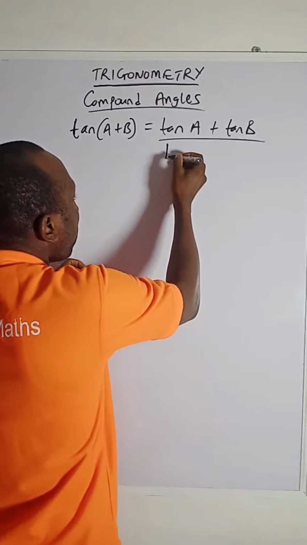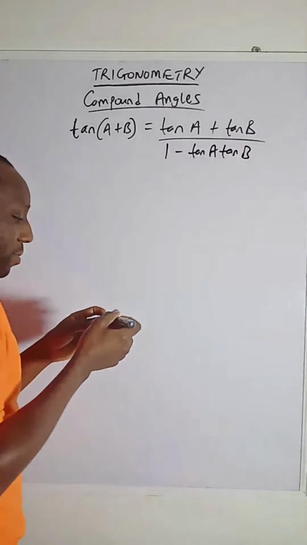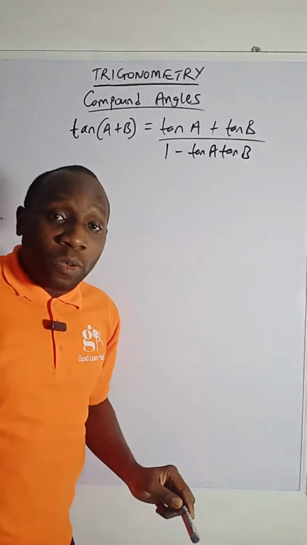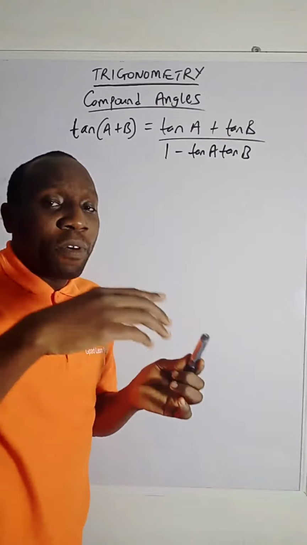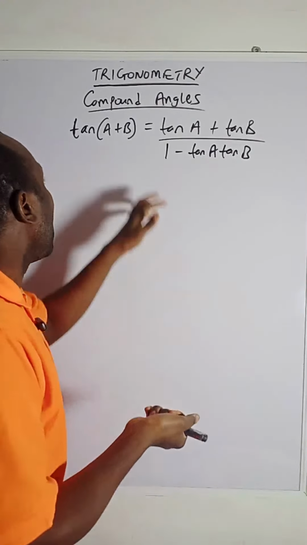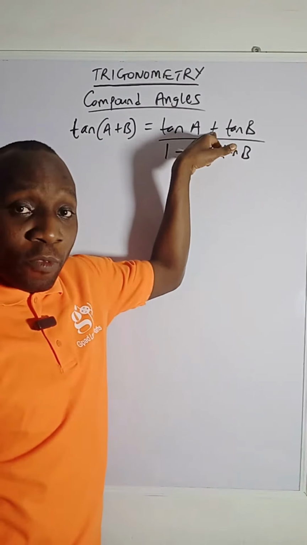Now this is going to be 1 minus tan A tan B. So this is what is going to guide us in solving problems that have to do with tan of compound angles, like when you have A plus B like this. See, plus here. This is one way of also knowing it.